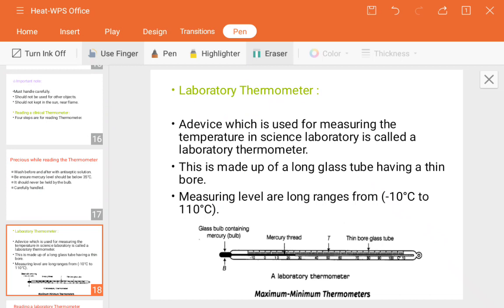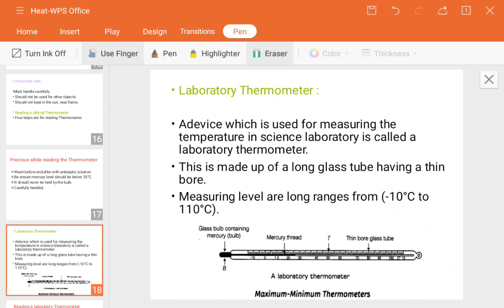Next, these are special thermometers which automatically record the maximum and minimum temperature of the day. The maximum and minimum temperature of the last day reported in weather reports on TV and in newspapers are measured by the maximum minimum thermometer.